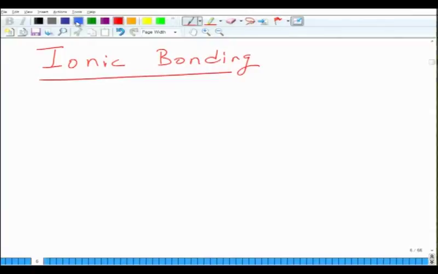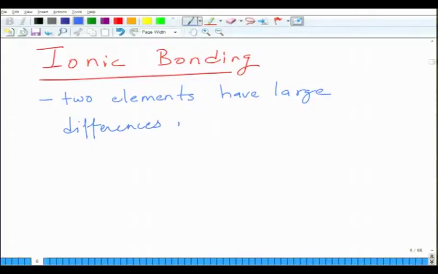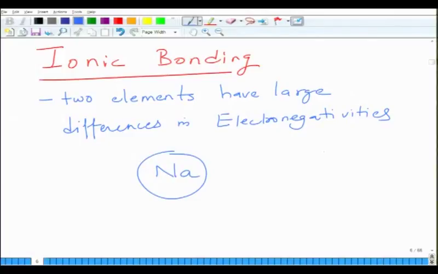Okay. So, ionic bonding happens when two elements have large differences in their electronegativities. So, for example, you take sodium and you take chlorine.